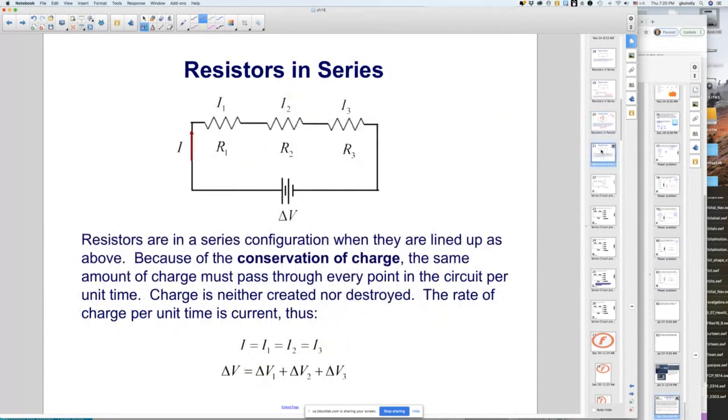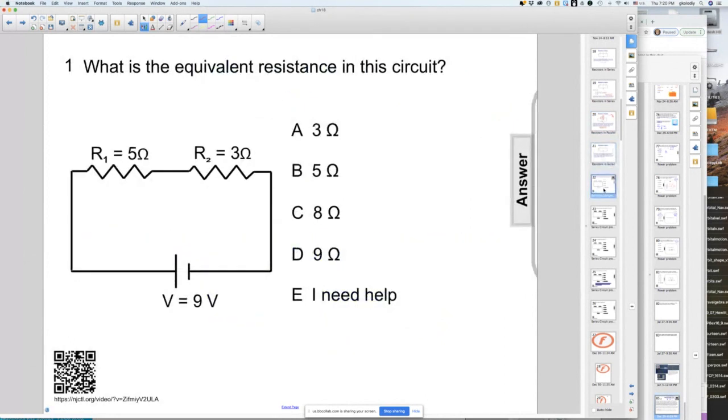So let's go back here and do an example. I'm just organizing my notes here.